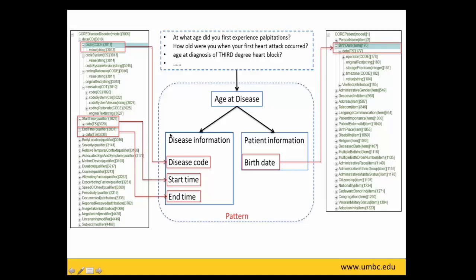So then we can capture the disease information and patient information, particularly the age. Then we can just reuse different clinical element models. One is the disease or disorder element model and the other is patient demographic information. Then we will be able to present all this information in a very generalized and standardized way.